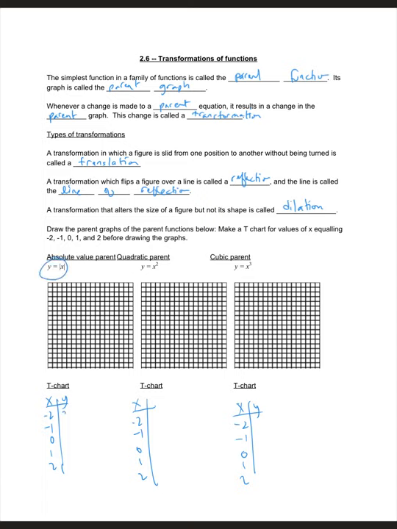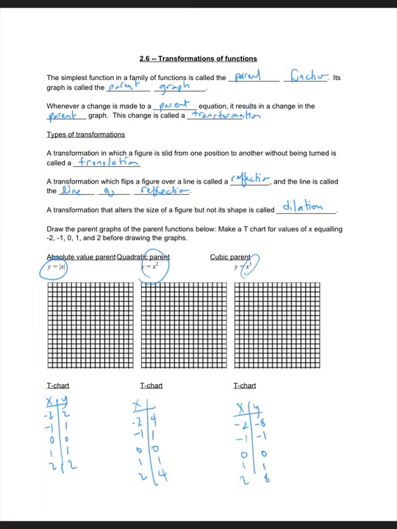The absolute value of -2 is 2, absolute value of -1 is 1, of 0 is 0, of 1 is 1, of 2 is 2. When I plug into x squared, -2 squared is 4, -1 squared is 1, 0 squared is 0, and so forth. When I plug into x cubed, -2 cubed is -8, -1, 0, 1, and 8. So these are the points that are going to be on my parent functions.